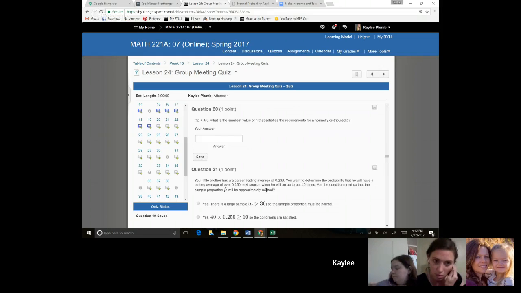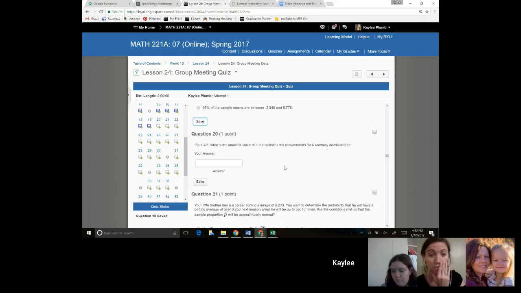I don't know how to do this. It's the two condition equations that we were using before. Oh yeah, because it needs to equal 30, right? Or be greater than 10. Yeah, I thought it was greater than 10.